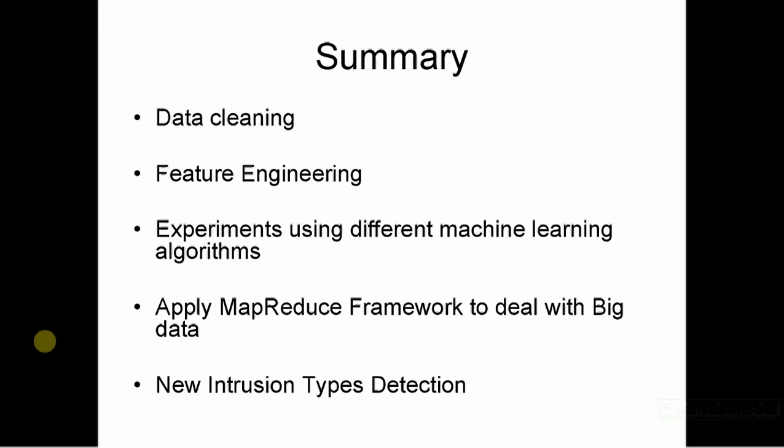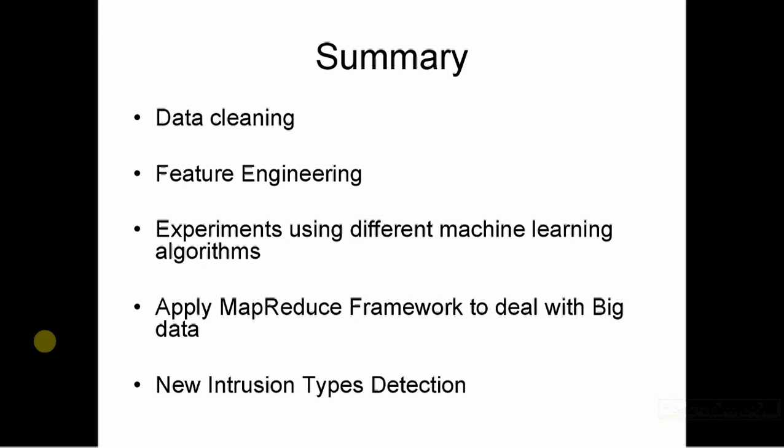Then, with the refined dataset, I did a lot of experiments using different machine learning algorithms, including KNN, decision tree, random forest, and naive Bayes. And for each algorithm, I did error analysis to find the best parameters that lead to the best result.